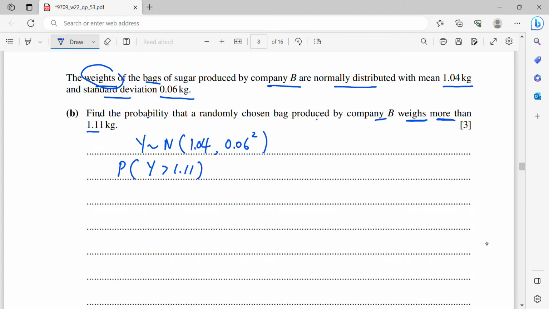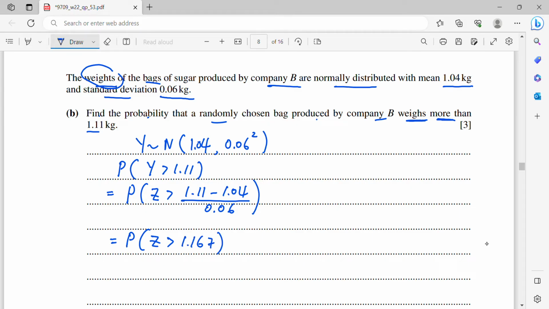Now we standardize this, so it will be P(Z more than (1.11 minus the mean 1.04) over standard deviation 0.06). Then when you count this value, the value is 1.167.